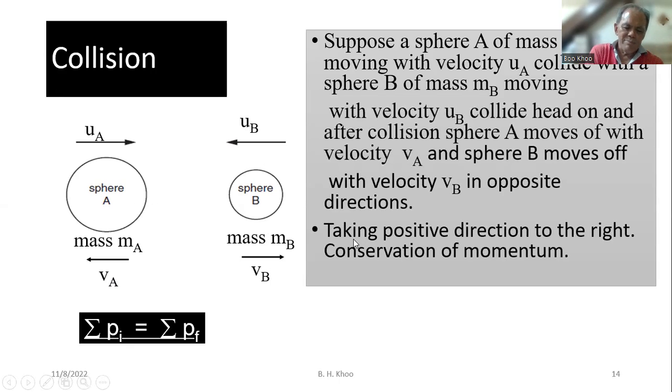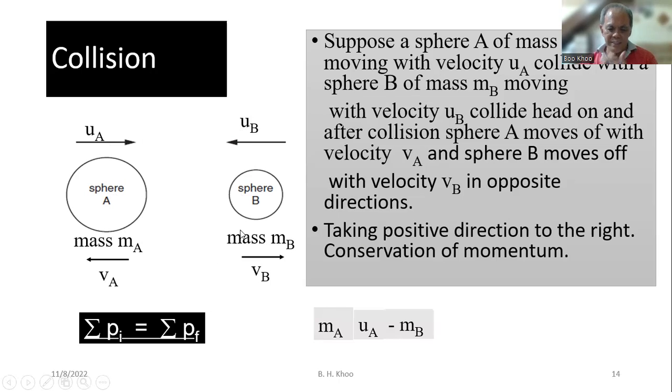Remember, momentum is a vector, so we have to choose a direction as positive. Usually we choose to the right as positive. Then you should be able to write the equation. Conservation of momentum: mass MA times UA as the initial momentum of sphere A, plus mass MB times UB.